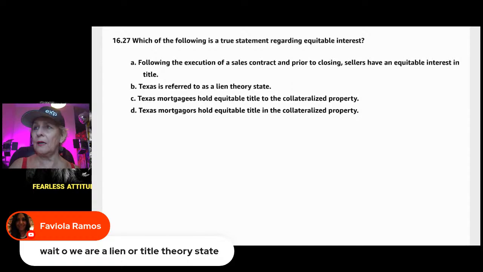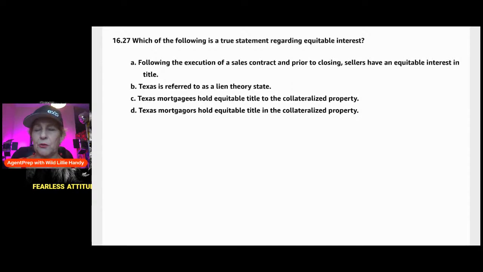Okay, and I wanted to give you a quick description of the difference. So whenever you're in doubt of something, quickly Google it, okay, and see the difference.